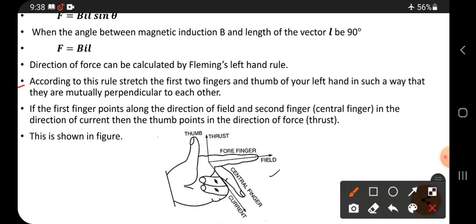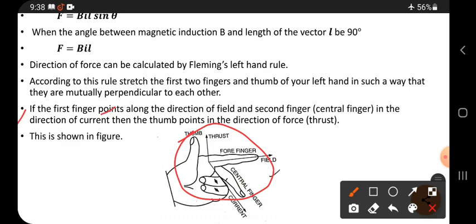According to this rule, stretch the first two fingers and the thumb of your left hand in such a way that they are mutually perpendicular to each other, like the x, y, z axes.